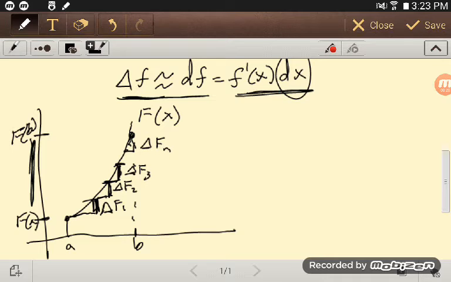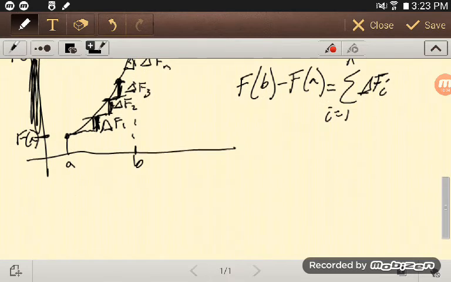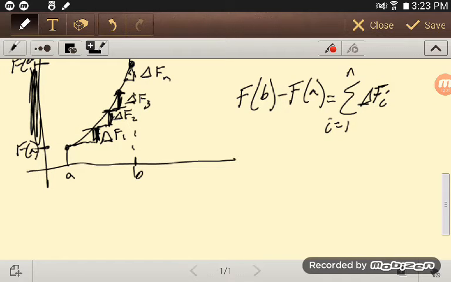So we can write that down as F of b minus F of a, that's that distance on the y-axis, that is equal to the sum, i equals 1 to n, of delta fi. So I'm just adding up each of those little stair steps up the function and saying, how far did I go? Add them all up, I get that distance F of b minus F of a.